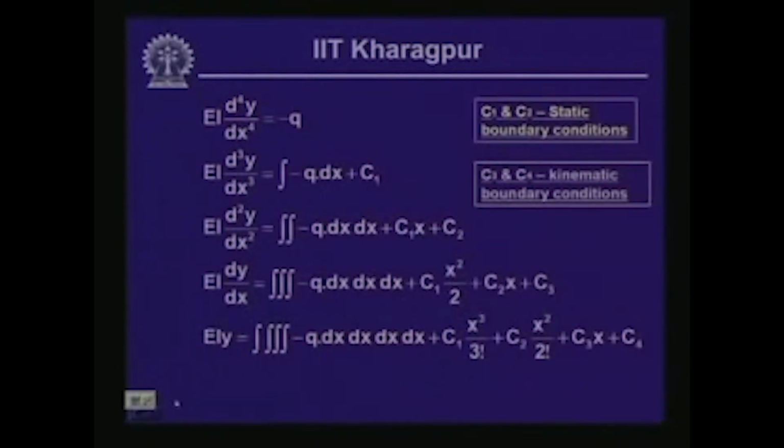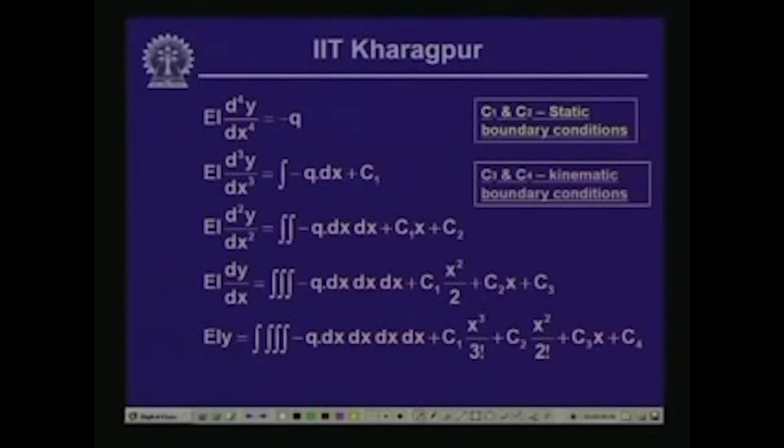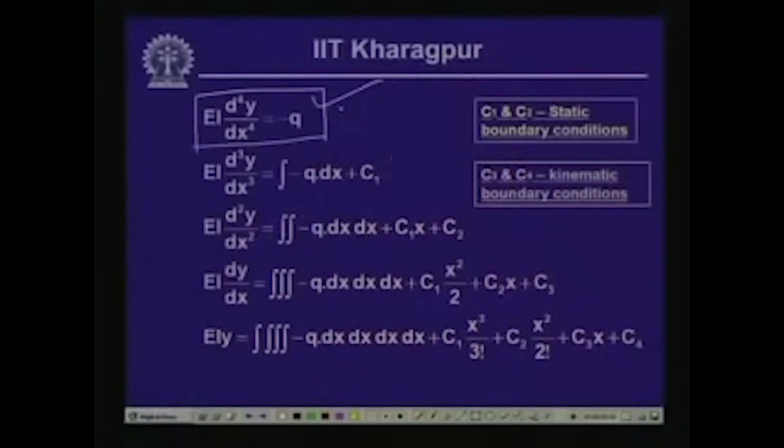Now, EI d4y dx4 is equal to minus q; this is the differential equation written in terms of load. We have seen the differential equation in terms of the bending moment, EI d2y dx2 equals M. Now if we integrate EI d4y dx4 equals minus q, we get EI d3y dx3 equals minus integral of q dx plus c1.